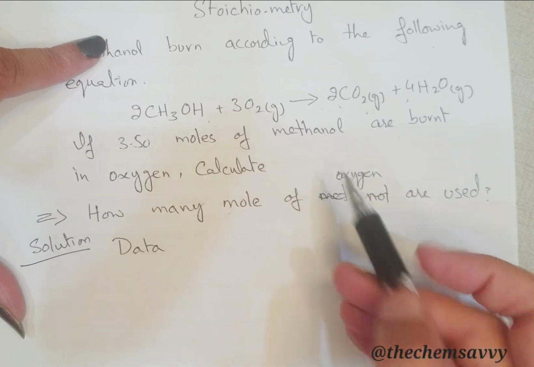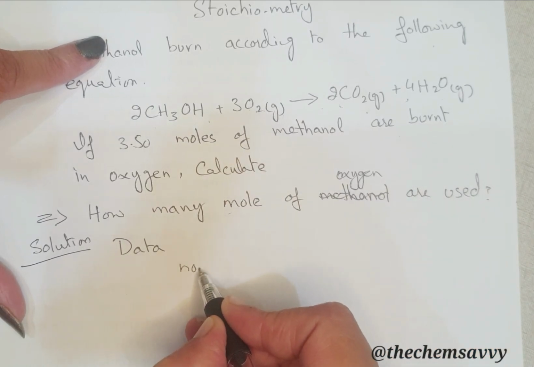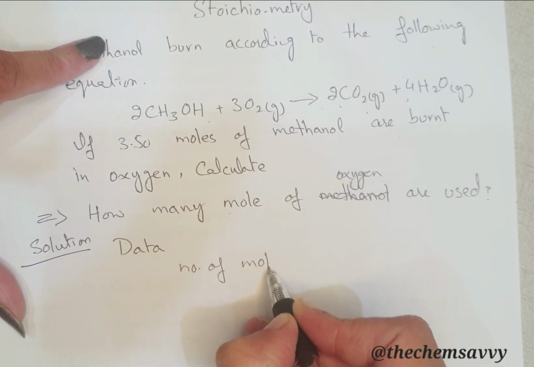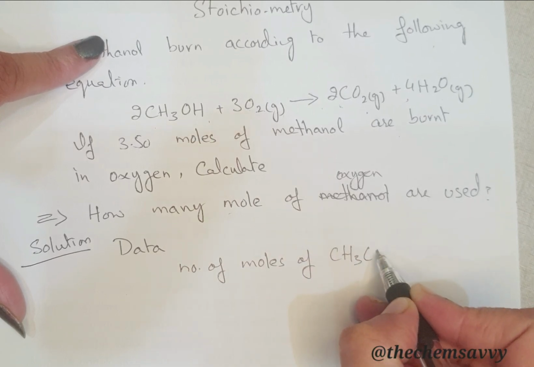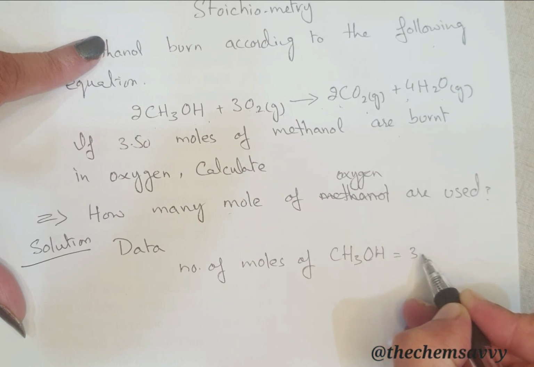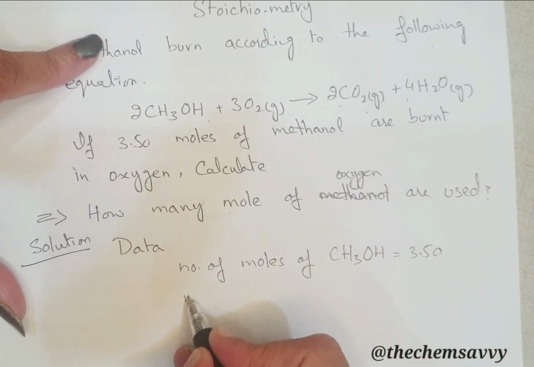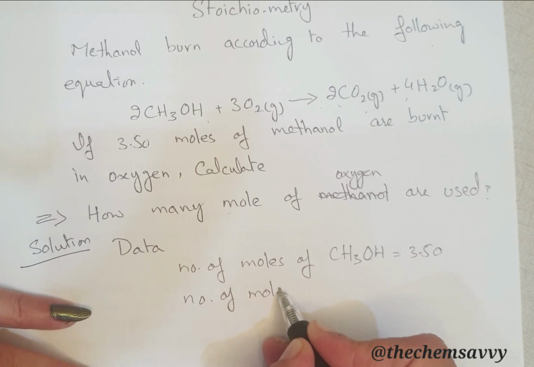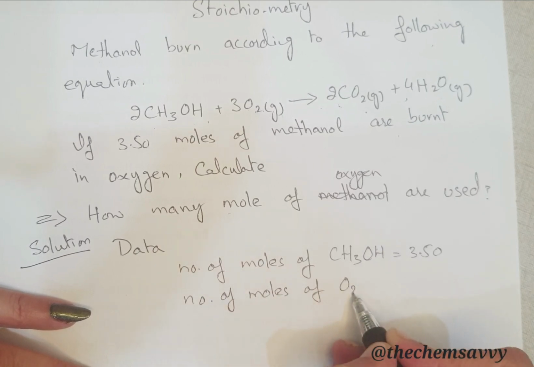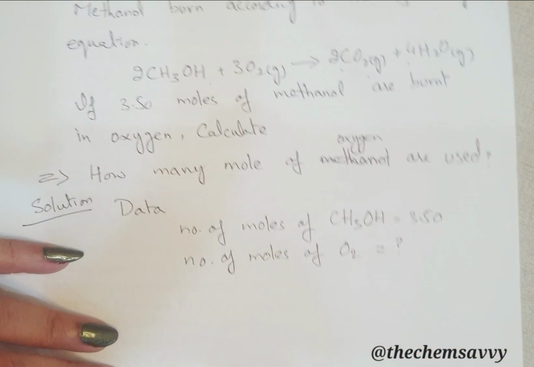So the data given in this question is the number of moles of methanol given, 3.50, and the number of moles of oxygen has to be calculated.